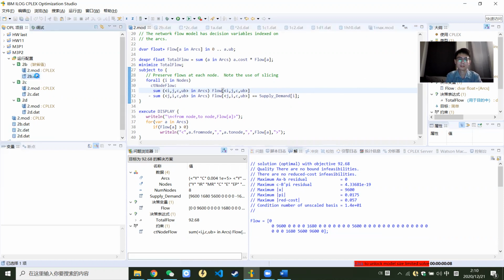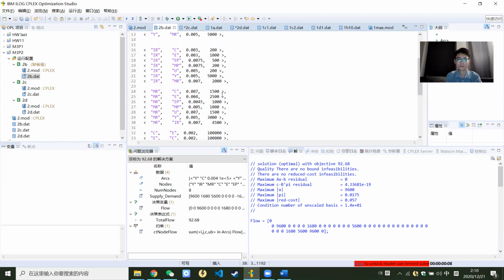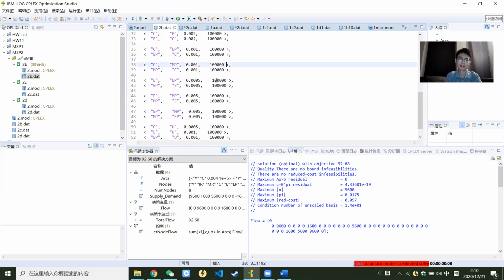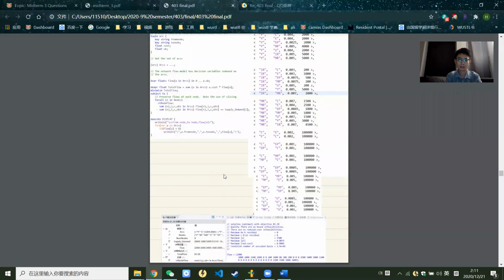So let's look at the data file. Here is the arc from Japanese yen to a node, and then the cost and the upper bound. Upper bound is the transfer limitation. For those that don't have an upper bound, I use a very big number, and that's it.